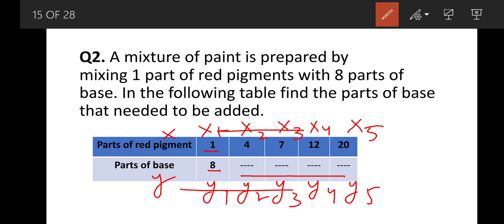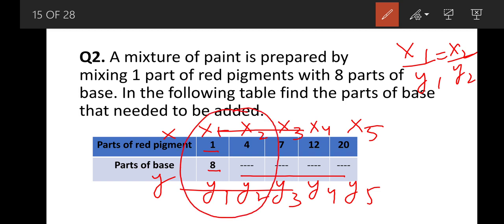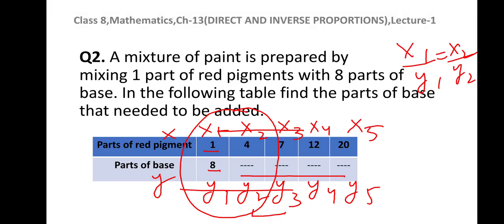So you are supposed to take the ratio, that is x1 over y1 is equal to x2 over y2, where y2 is unknown. These two ratios we are supposed to take, and you will be able to get the value of y2. Likewise, you can compare x1 over y1 with x3 over y3, or you can compare these two values also.